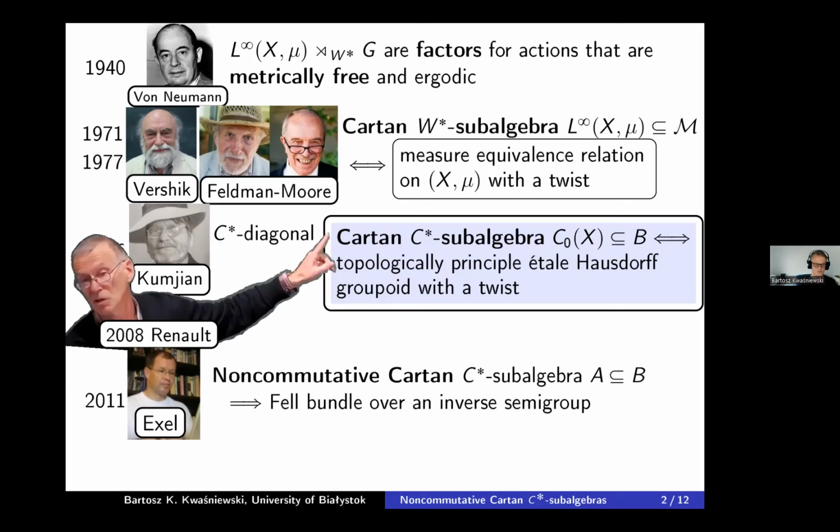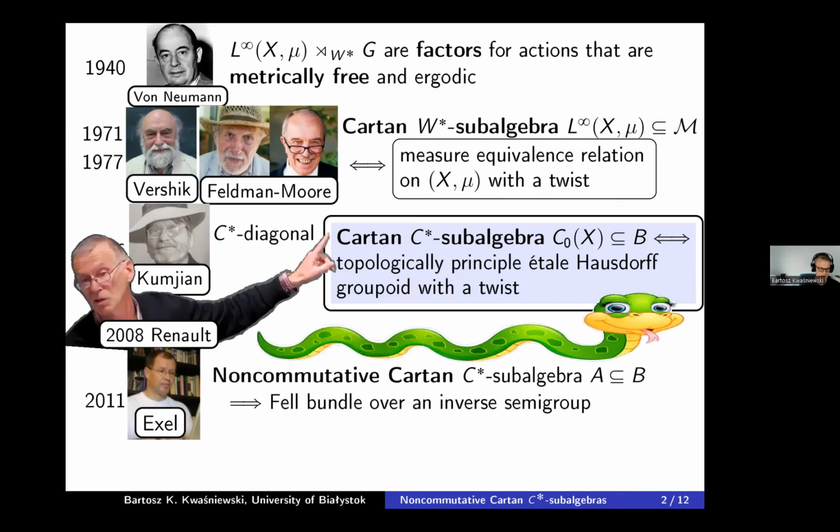But he did not specify what kind of Fell bundle this is, and he didn't give any non-trivial, non-commutative examples of this. So he gave us a nice condition, but it was not easy to recognize it on some examples. And so this is the sneaky snake of non-commutativity.